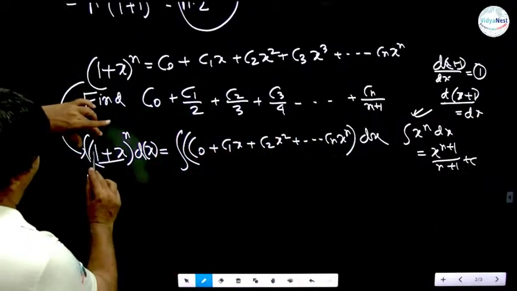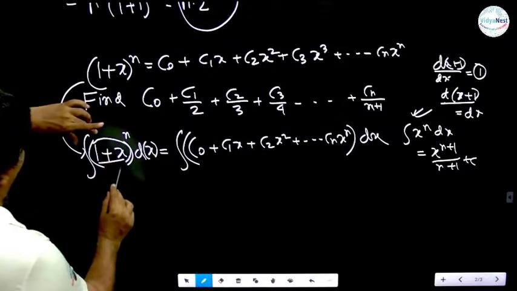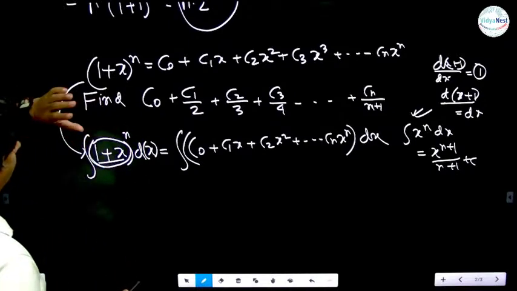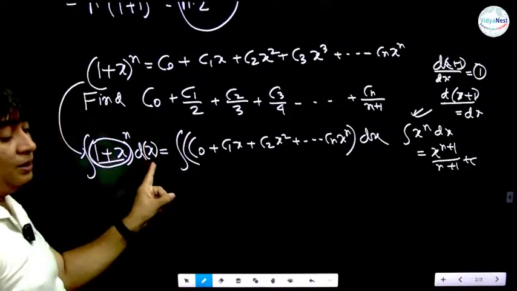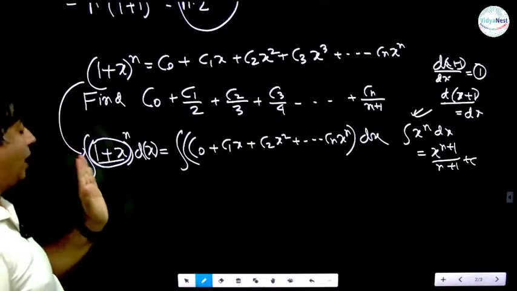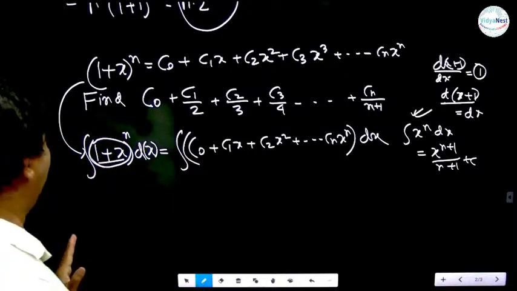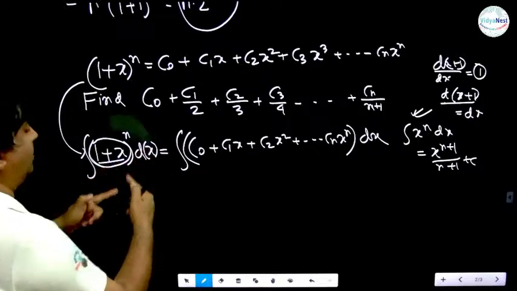So we have seen that the variable of the base is 1 plus x, but we are told to integrate with respect to x. So our aim will be to make the variable same.